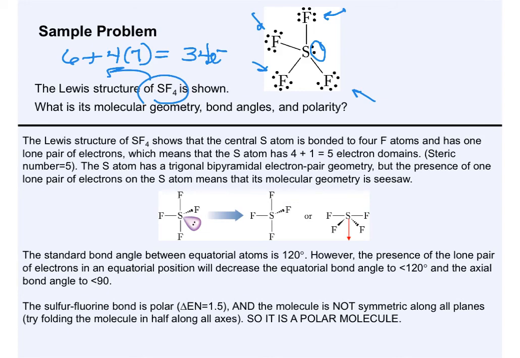The other prerequisite is to determine the shape and determine if that shape has symmetry. So walking through that, how many domains do we have around this central atom? 1, 2, 3, 4, 5. So the electron domain geometry is trigonal bipyramidal.